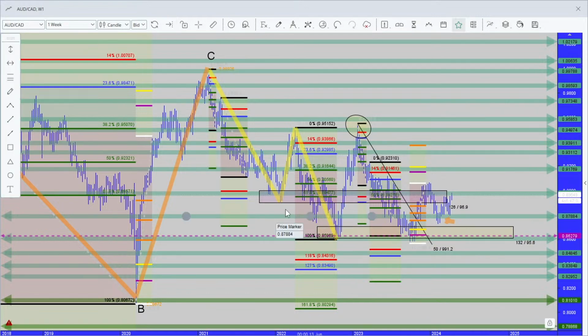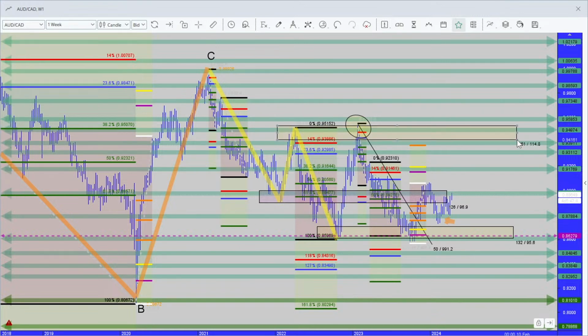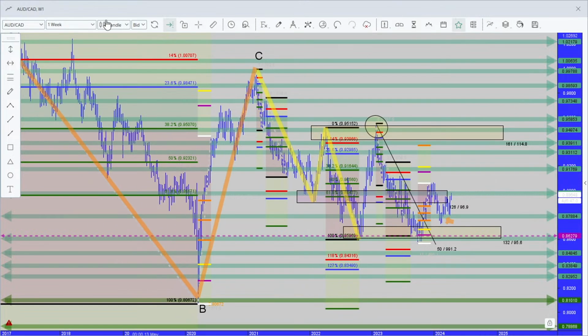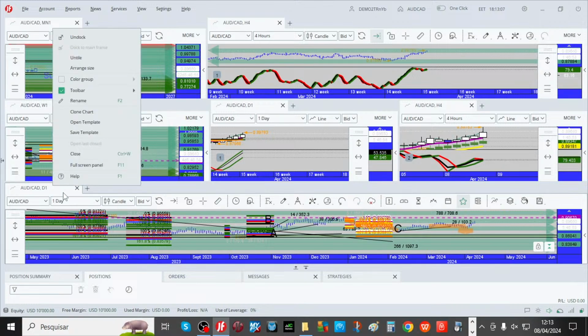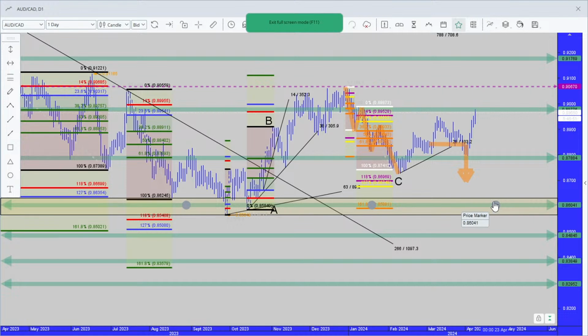So small consolidation or a big consolidation if you want. So the market is here, and if I go here, what about the daily chart, full screen, daily chart?